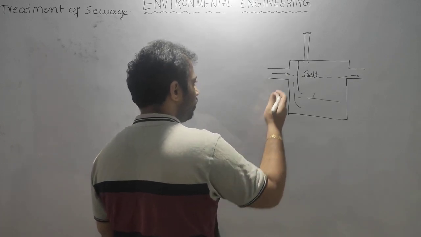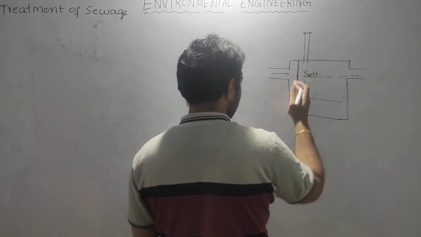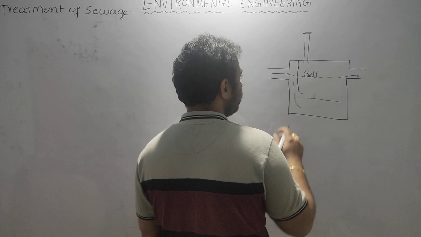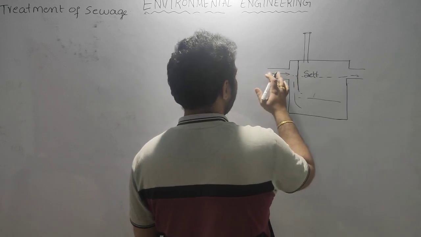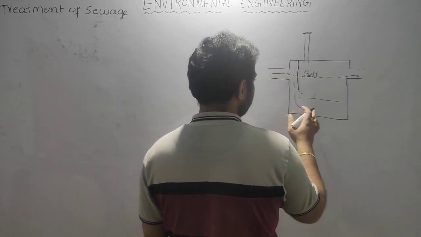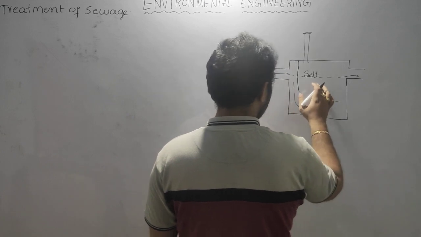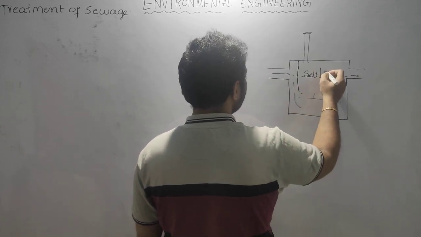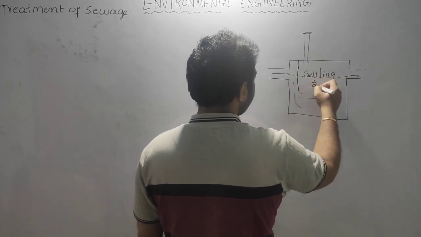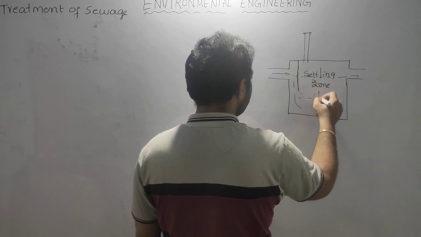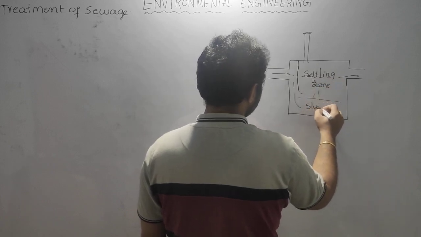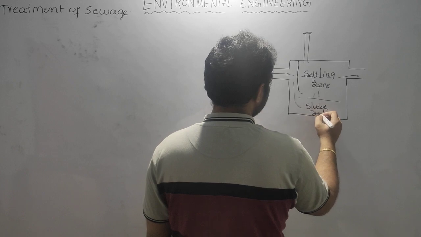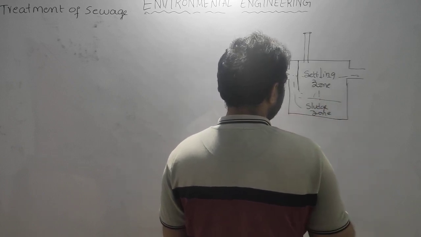In order to divert it into the settling chamber, we need an obstruction like this. Then the sludge in the sewage will enter the settling zone and settle. This is the settling zone. Here, this is the sludge zone.